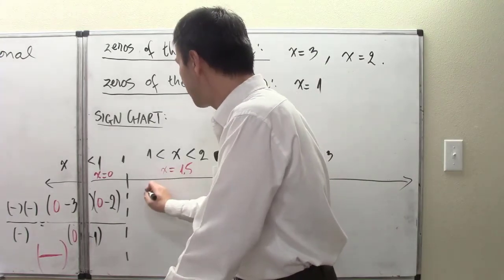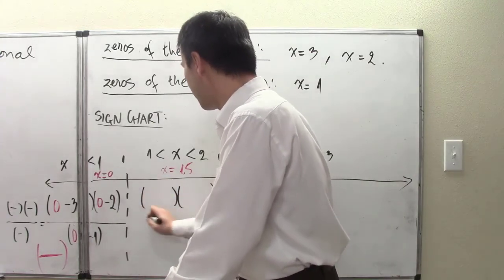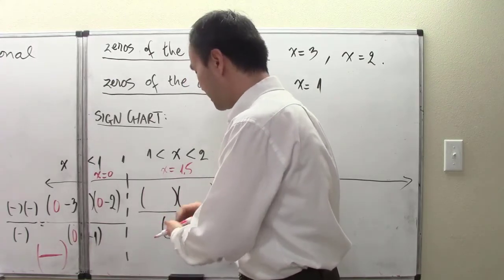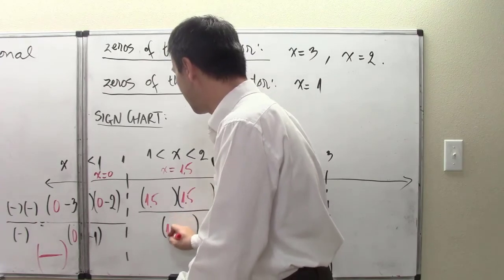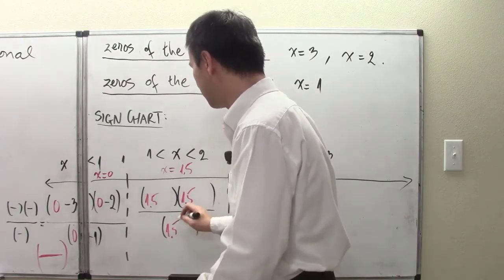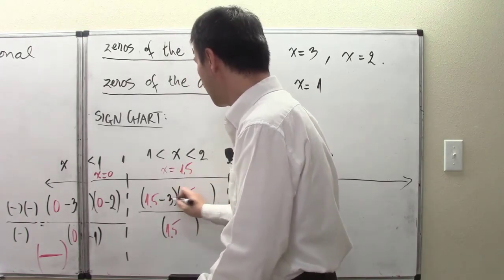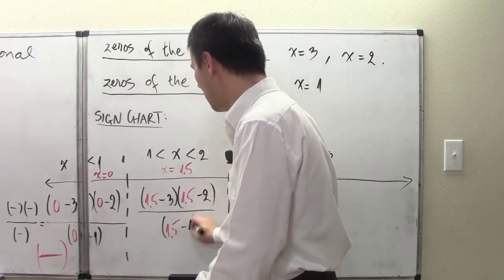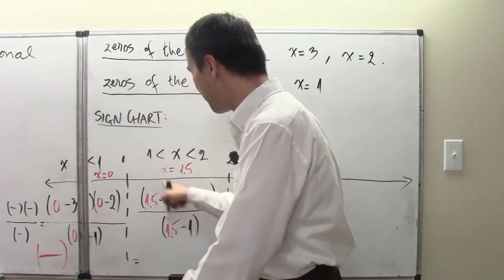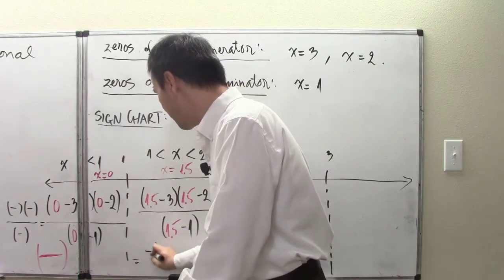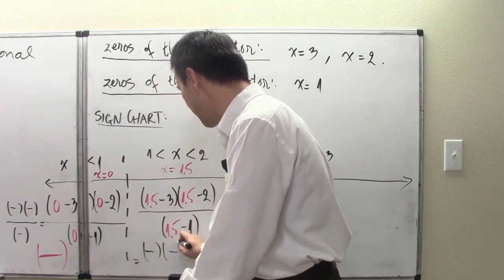So now into our rational function, I'm going to substitute 1.5 for each x value. So now I'm subtracting 3, subtracting 2, subtracting 1. As far as calculating the signs, the first factor here gives me a negative sign. The second one is also a negative sign.